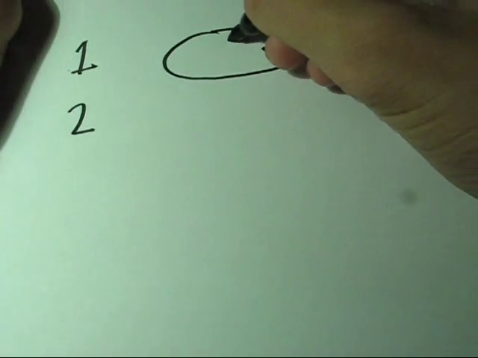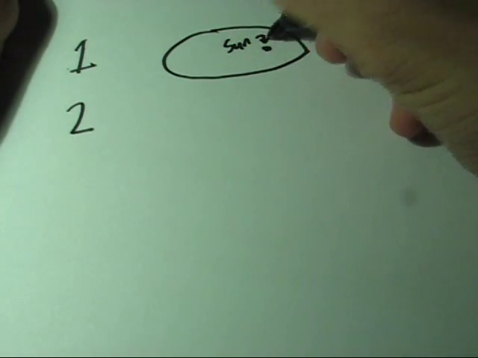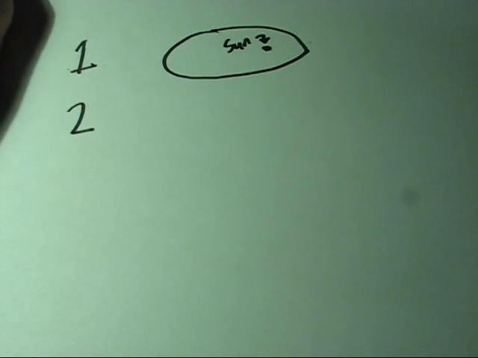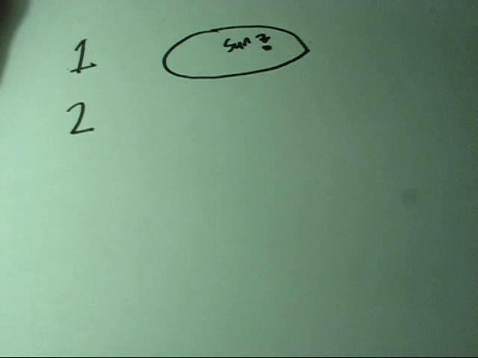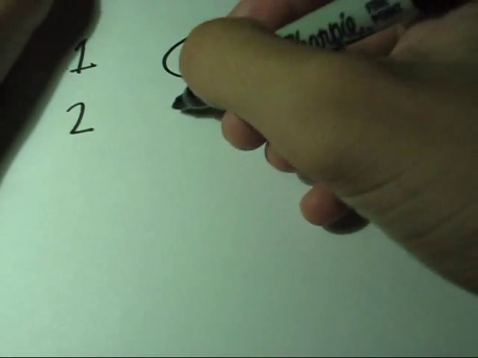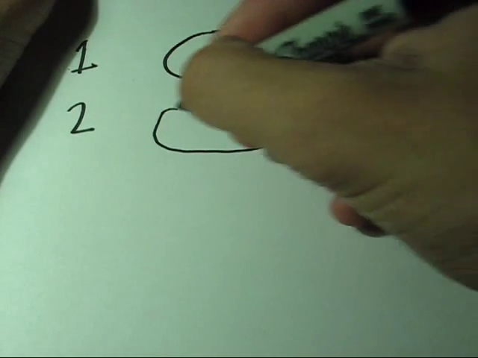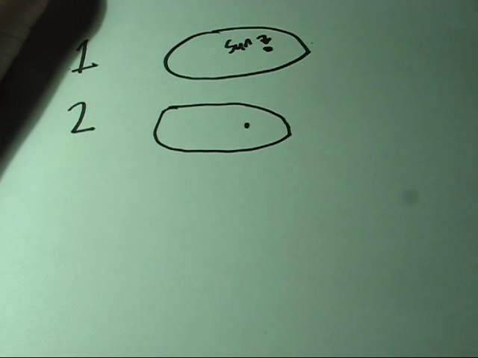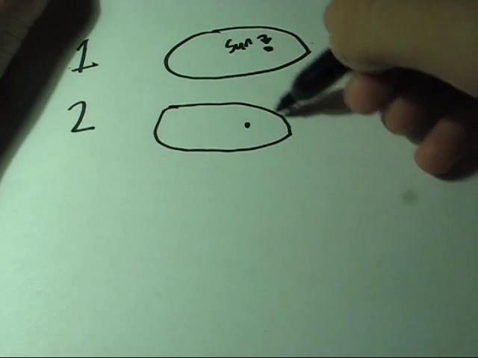2. By the way, that's the sun. The line joining the planet to the sun sweeps out equal areas in equal times. This one is a little bit confusing, just to read out loud. So basically what's happening is, say a planet's orbiting around here.